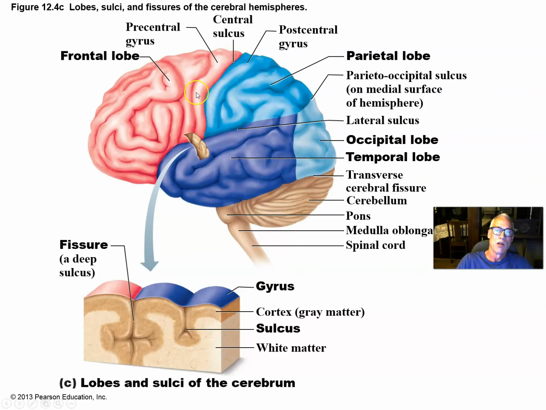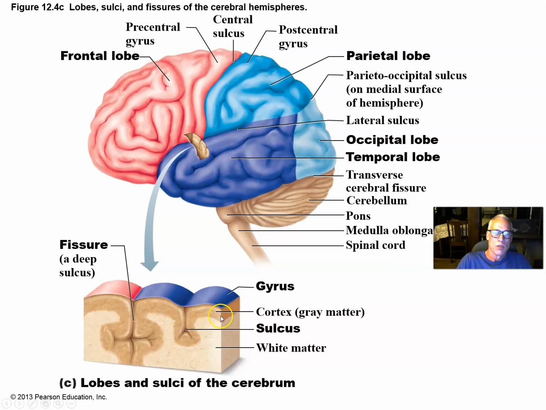All those ridges and grooves of the hemispheres of the cerebrum, what's that all about? The ridges are called gyri, or an individual gyrus, and each pair of gyri forms a little valley called a sulcus. The surface of the cerebrum is made up of gray matter, packed with cell bodies of neurons.